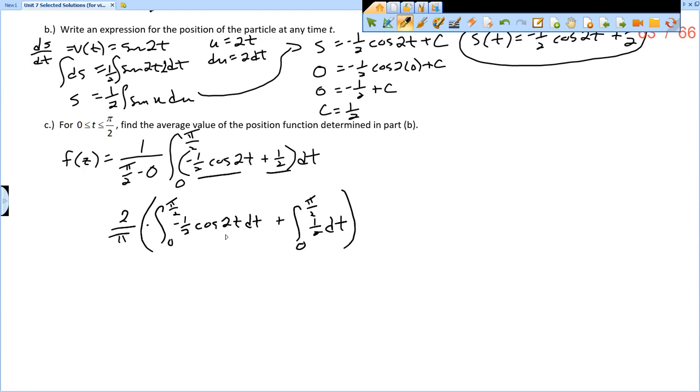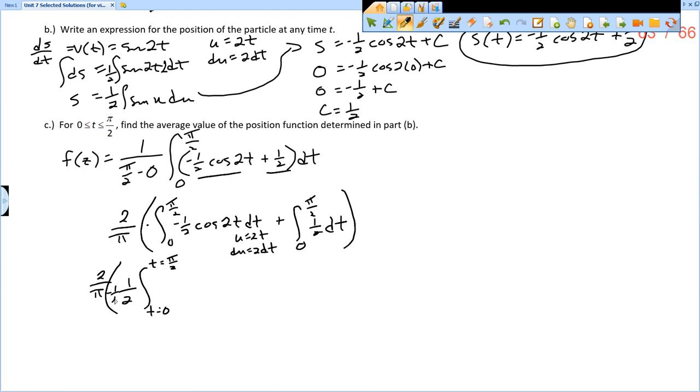Now, for the first integral, we're going to need a u of 2t, just like we did a minute ago. So du is 2 dt. So I've got the 2 over pi here. Then I'm going to have to put a 2 with the dt and a 1 half on the outside. So I have 1 half integral from t equals 0 to t equals pi over 2. Now we also have this negative 1 half that I'm going to bring out front.